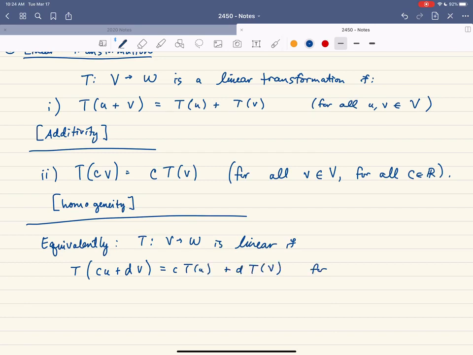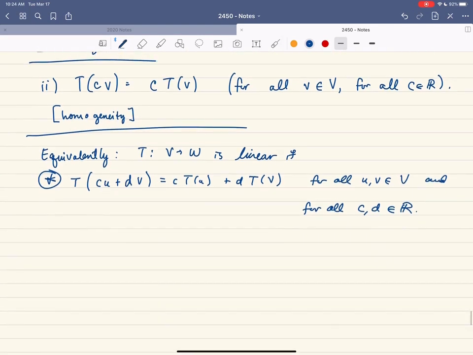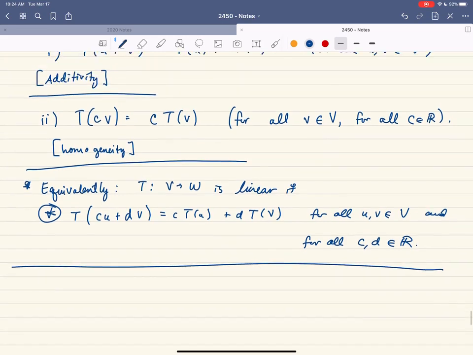And again, I want this to be true for all vectors u and v, and for all scalars c and d. So sometimes it's convenient just to think of this as a single property. That really means that we only have one thing that we have to check rather than two. But they're completely equivalent, so I'll probably bounce back and forth between the definitions.